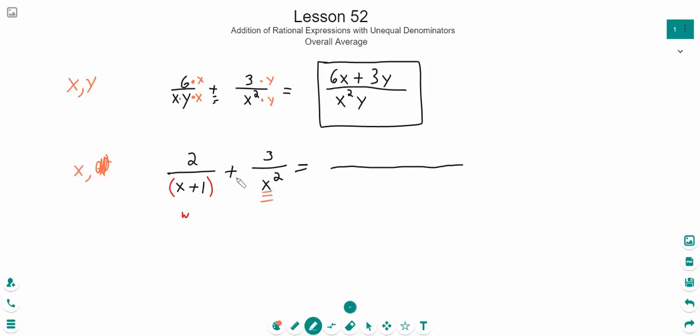But we're also dealing with this whole bucket. We need to treat this whole thing as one entity. That's why I said think of it almost as a w, a completely different variable all by itself. So we're not just dealing with x's, we're actually dealing with x's and x plus 1, or an x plus 1.